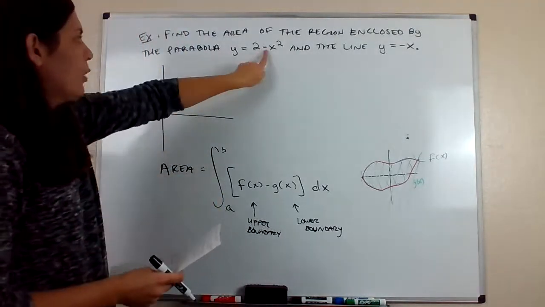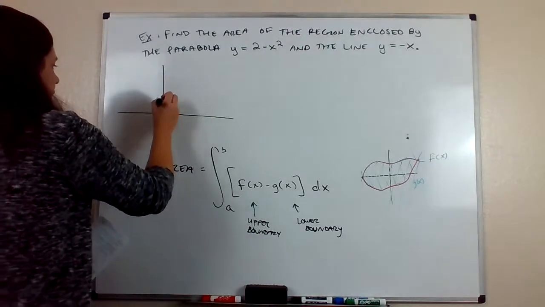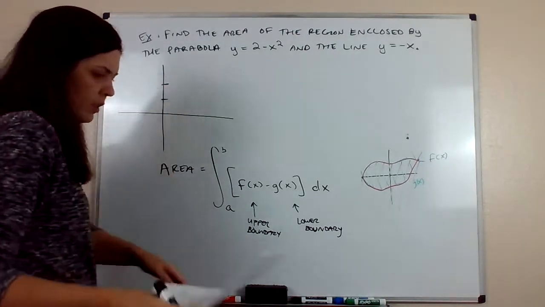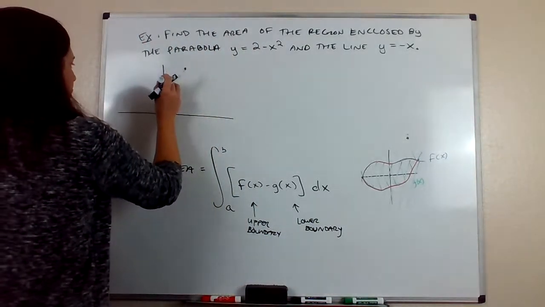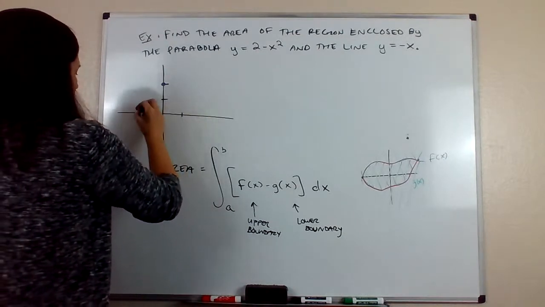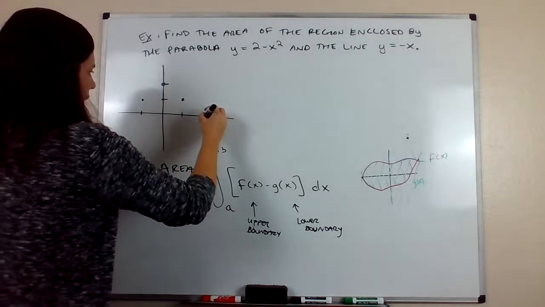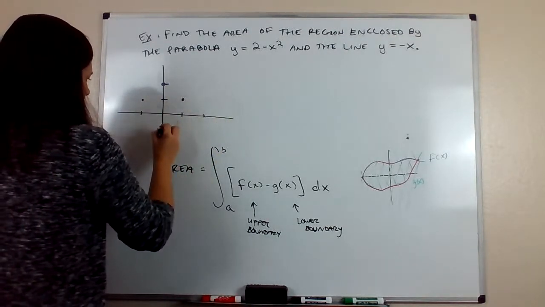This is a downward parabola because it has a minus x squared. That's going to start at 0, 2. I'll draw that one in blue. So 0, 2, and then for a parabola, that's going to go down 1 and over 1, and then over 2 and down 4.